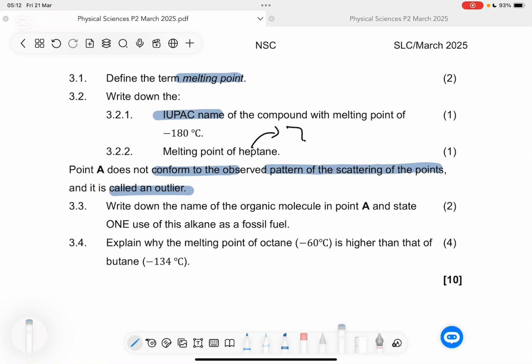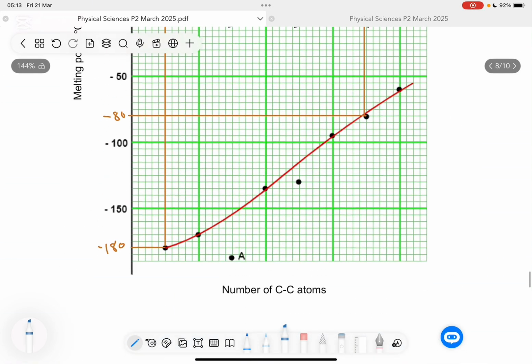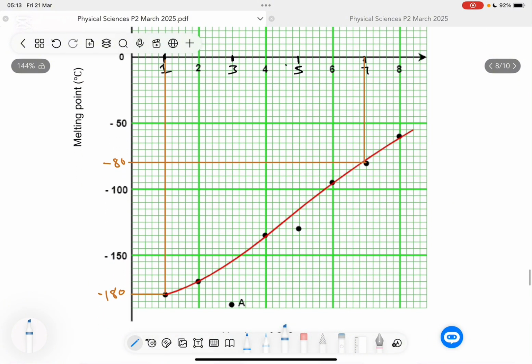They then say to us here on 3.3 to write down the name of the organic molecule in point A and state 1 use of this alkane as a fossil fuel. Now, let's start first by looking at the name.